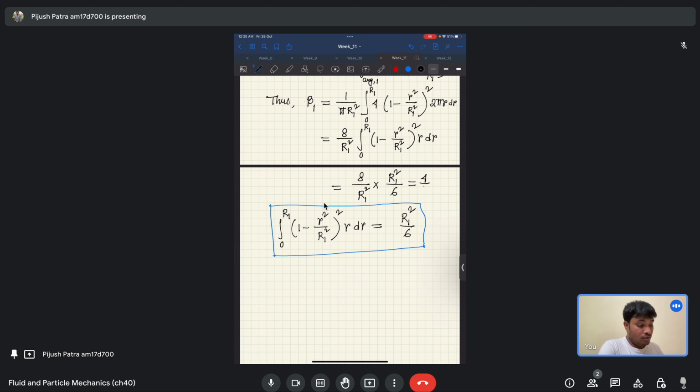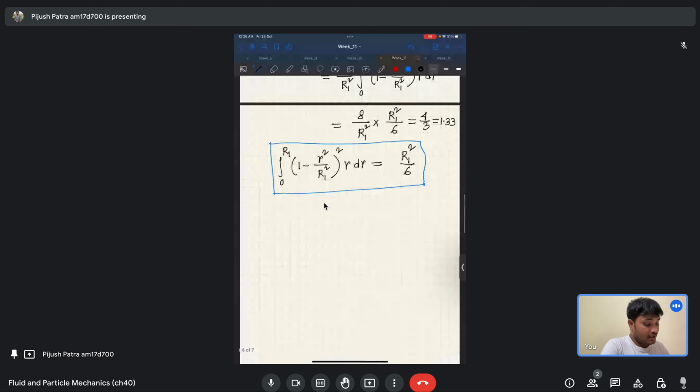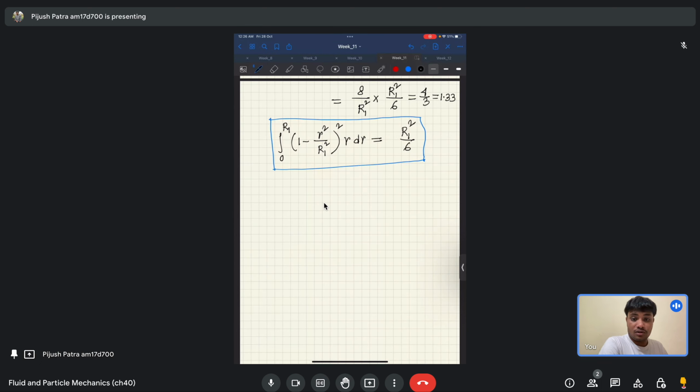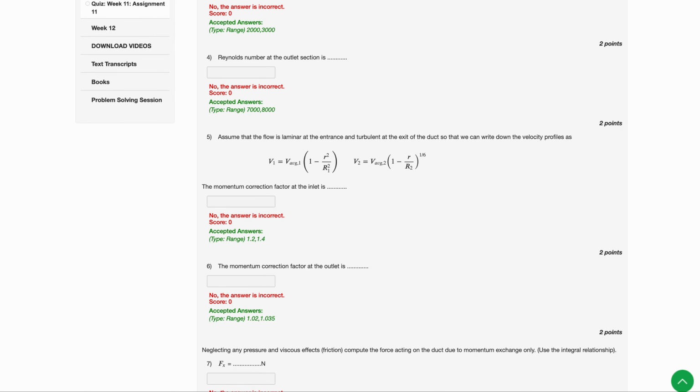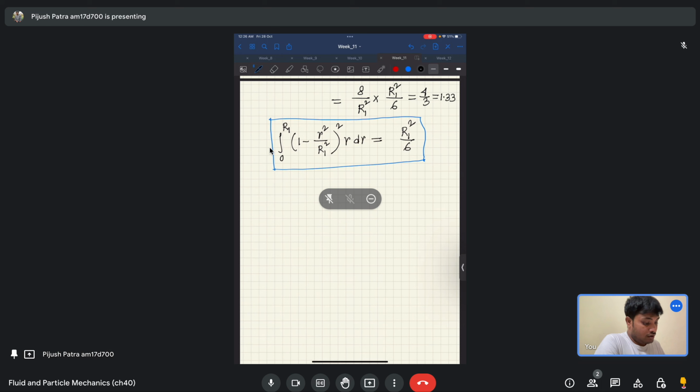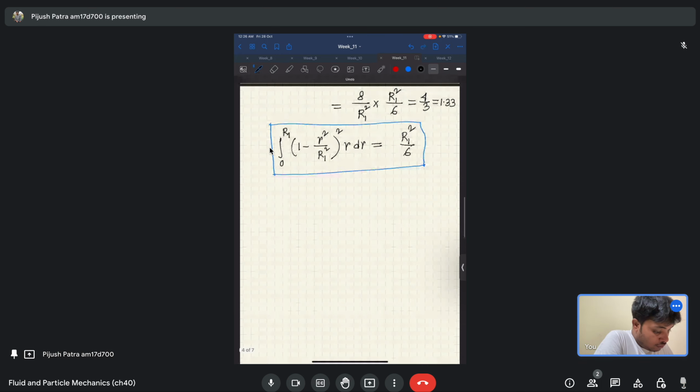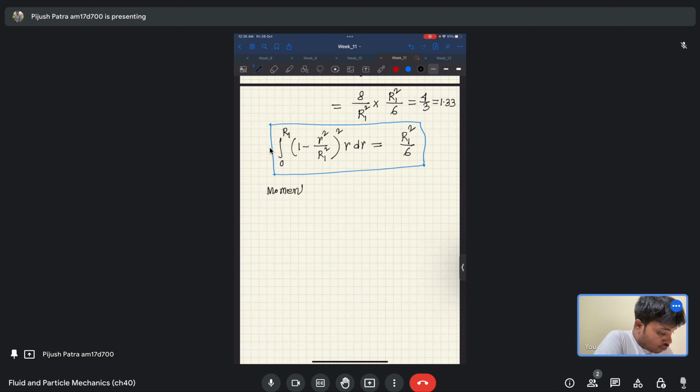Okay, now the momentum correction factor at section 2, which is question number 6. I guess it should be the momentum correction factor at the outlet. So the momentum correction factor at the outlet is beta 2.